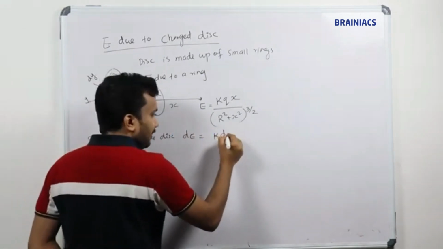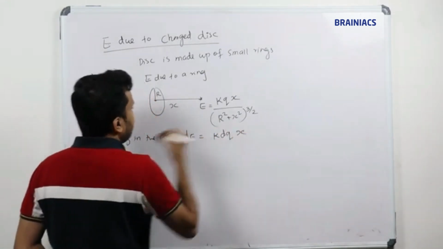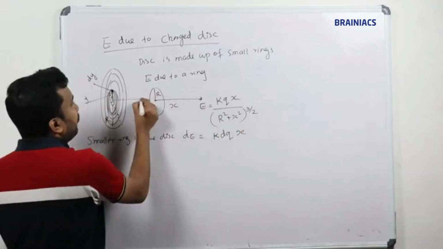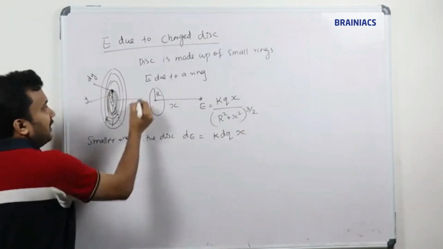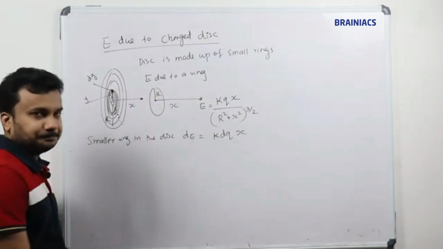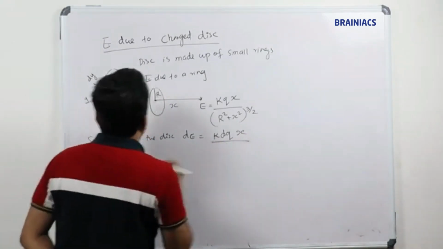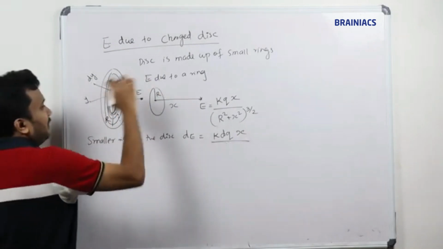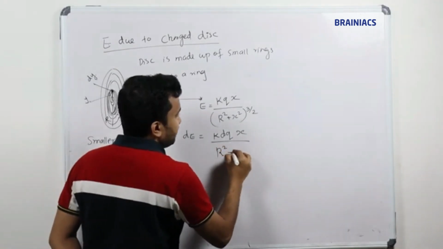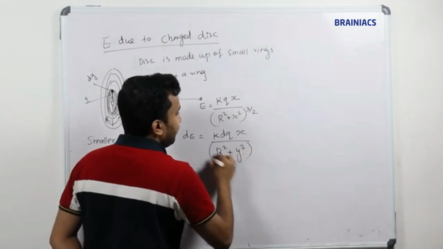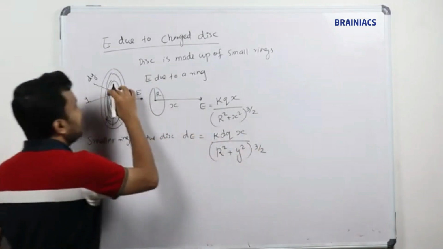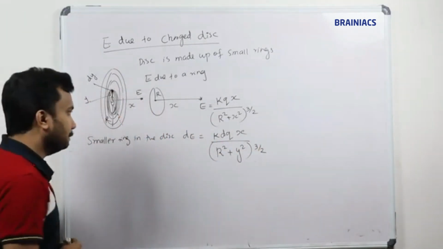For a smaller ring it is dQ, and x meter away is where I am going to find the electric field. So KdQx divided by, with respect to this smaller ring, (r square plus y square) raised to 3 by 2. Now y is the smallest radius I have taken.